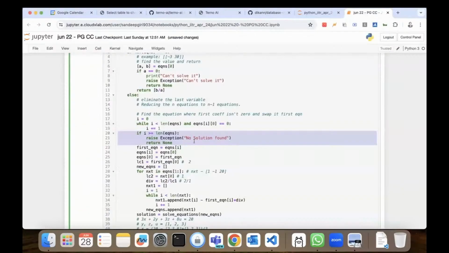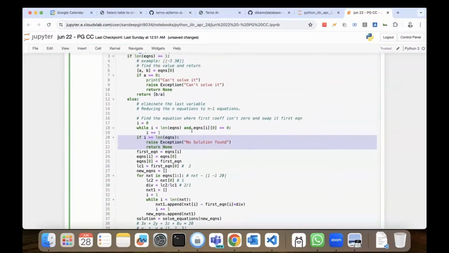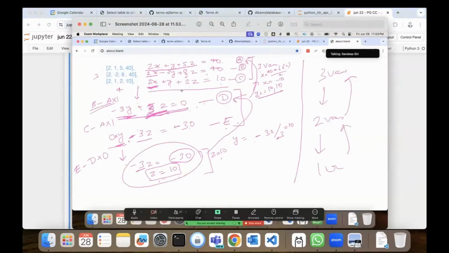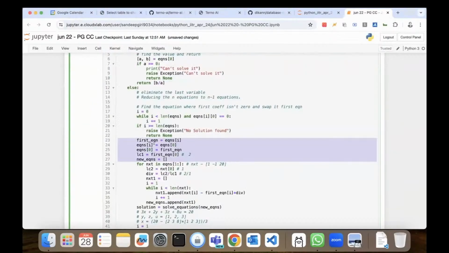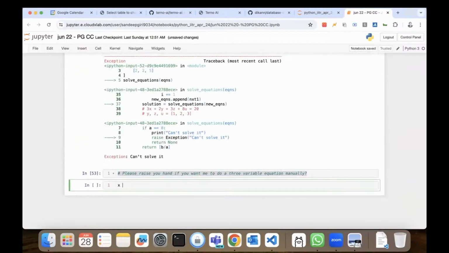Now, if that is not the case, then we move ahead. Basically, we try to swap the values of these equations. Imagine that we are given 2 equations, 0x plus y equals 10 and x minus y is 5, right?